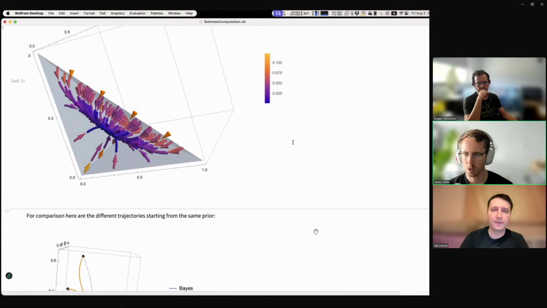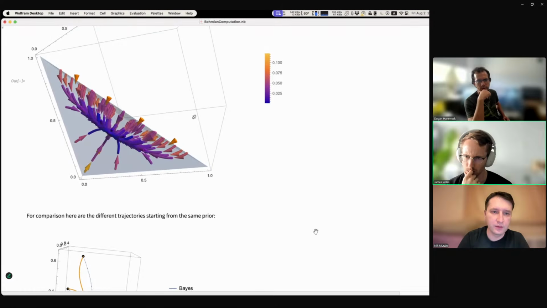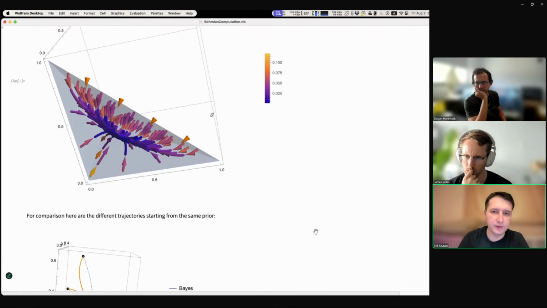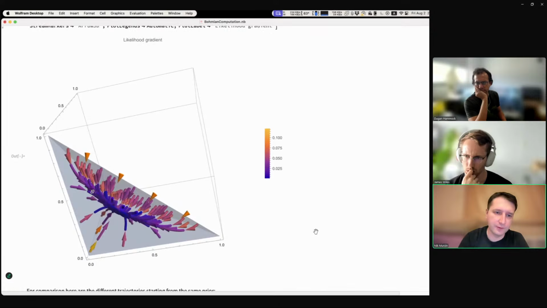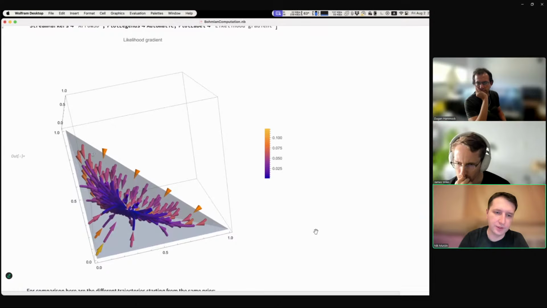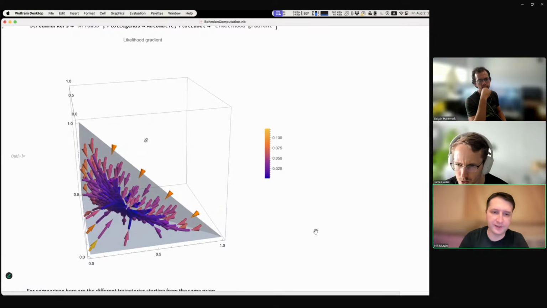So is there something about the fact that all these arrows are starting from the surface of the tetrahedron, or is that not the case here? It just looks like that. No, it looks like a vector field in the volume. Different points there. Oh, okay. It just decided on some nice distribution of points where the arrow starts, right?